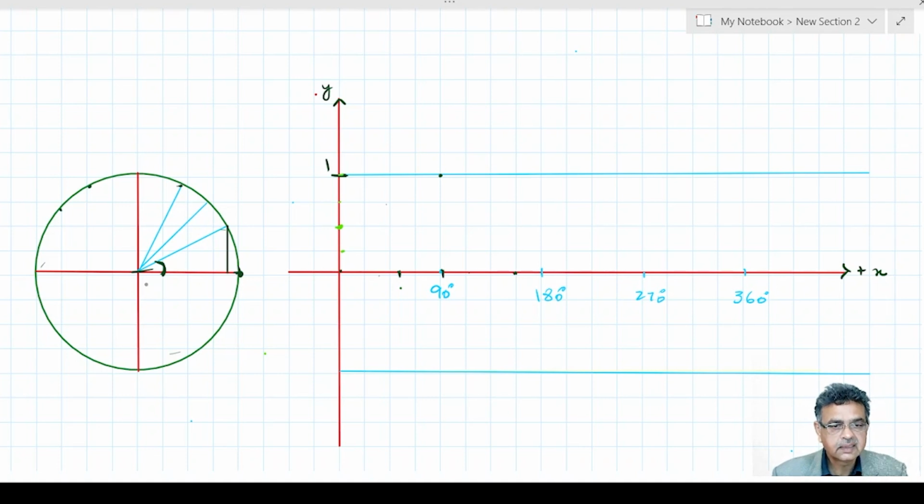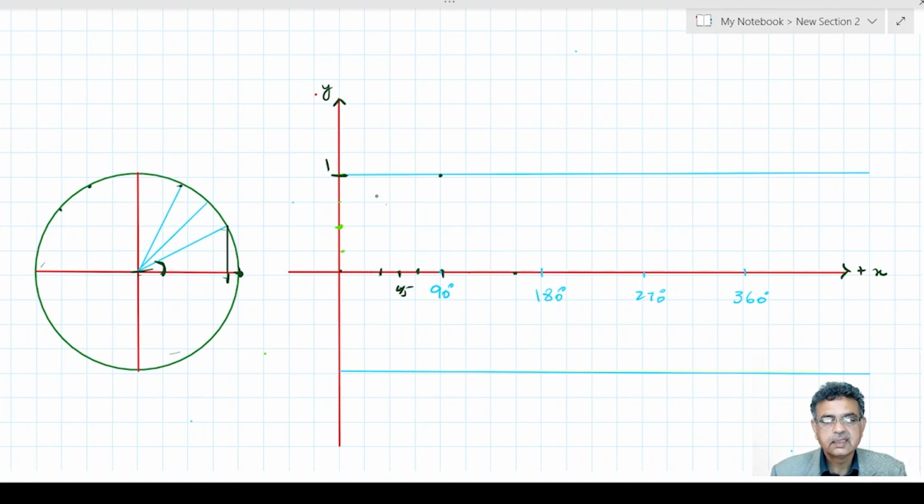As the angle is increased, the length of adjacent decreases till here. Now this much is the length. Here approximately this is 30 degrees, this is approximately 60, and this is 45.